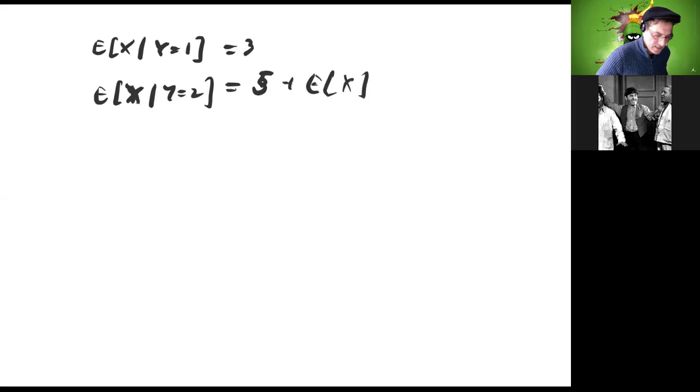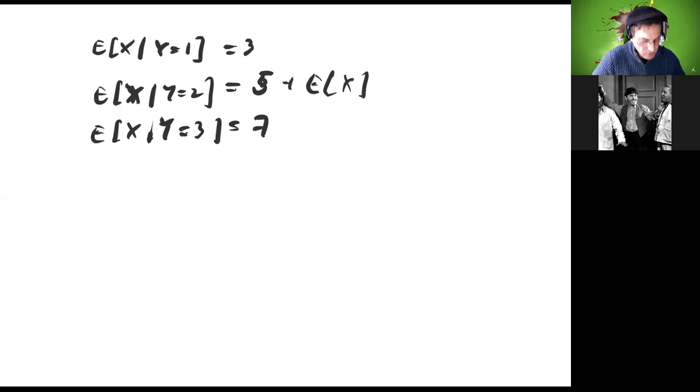Similarly, if he chose the third tunnel, he would go through the tunnel 7 hours, come back to where he started, and then you would add the expected value of getting to safety.